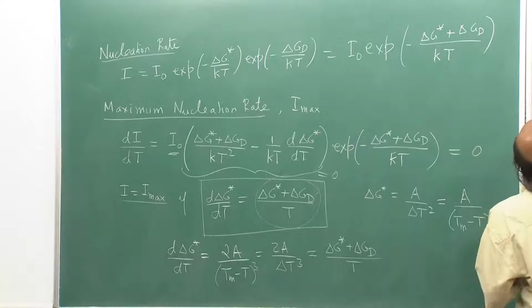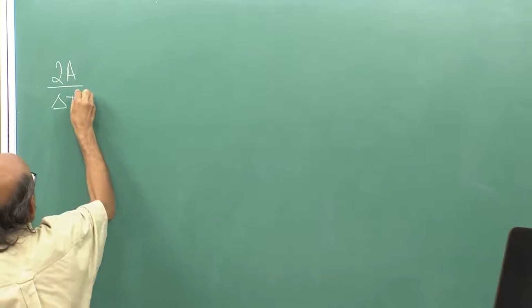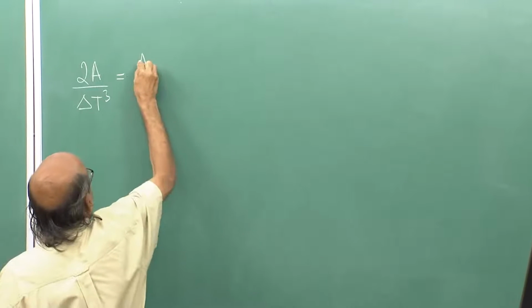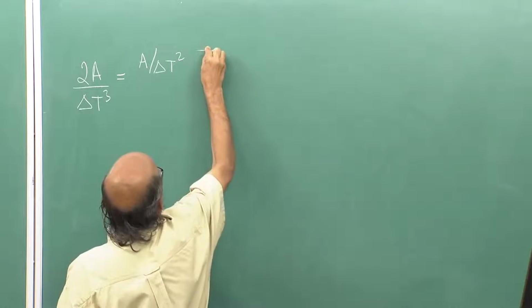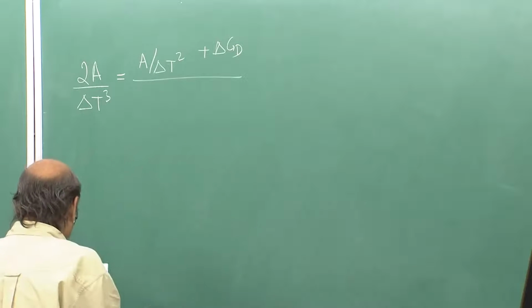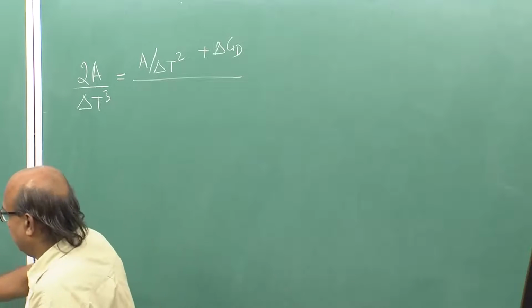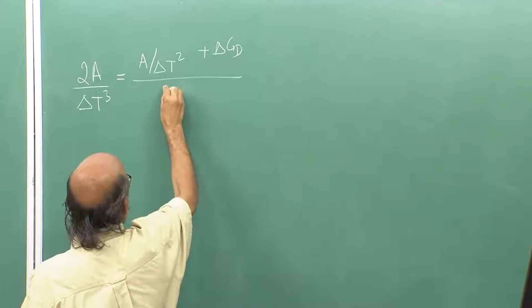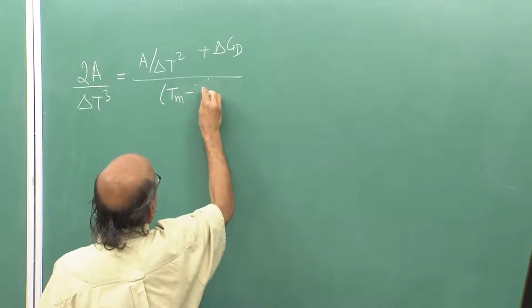I can write 2A upon delta T cube equals, instead of delta G star, A upon delta T square plus delta Gd, which is assumed to be a constant independent of temperature, upon T. And now, instead of writing T, let me write it in terms of delta T. So, this would be Tm minus delta T.